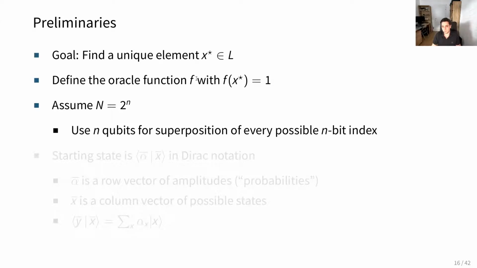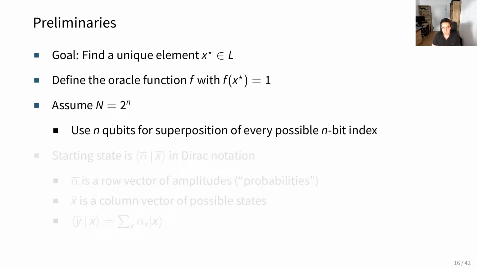This can be implemented very easily on a classical computer, but also on a quantum computer, we assume that. What we further assume is that we have a list which has capital N elements, and that capital N is a power of 2. This assumption is just for the sake of the explanation here.